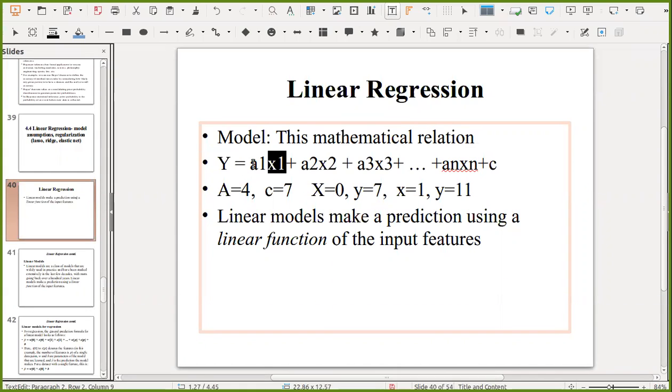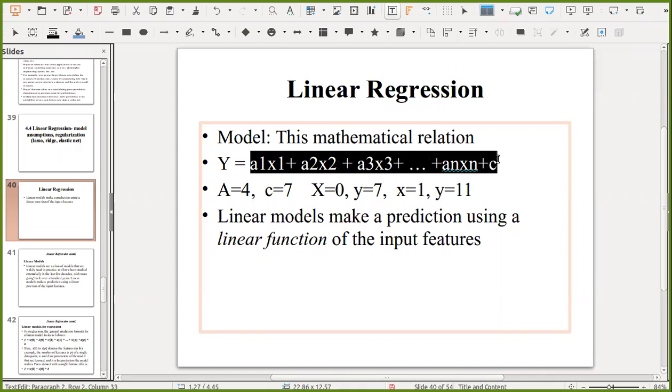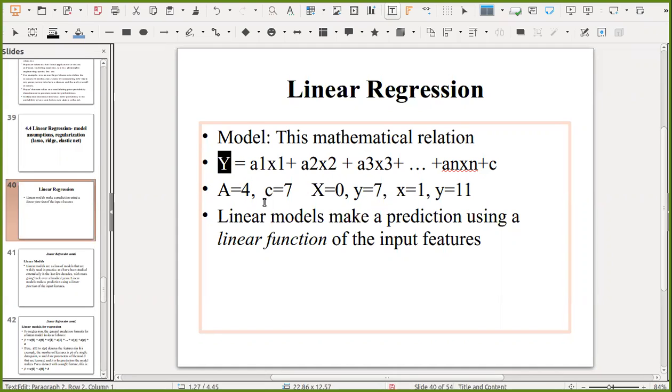Hence the computation function is also called a linear function, a function to calculate the value y. So a linear model makes a prediction using a linear function of the input features. Here x1, x2, x3 up to xn are my input features.